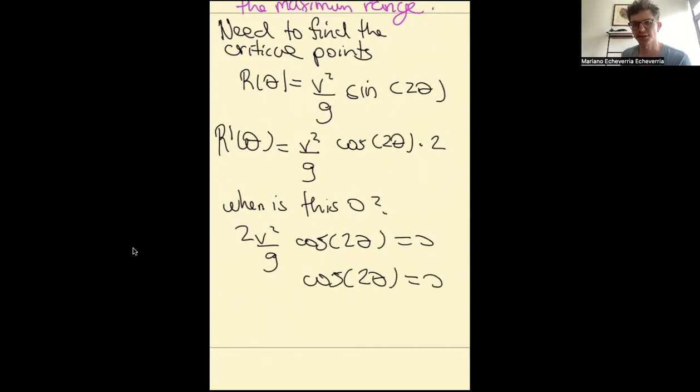At what angle is the cosine 0? You actually need 2 theta to be 90 degrees or pi over 2, because cosine of 90 degrees is 0. Is that making sense?